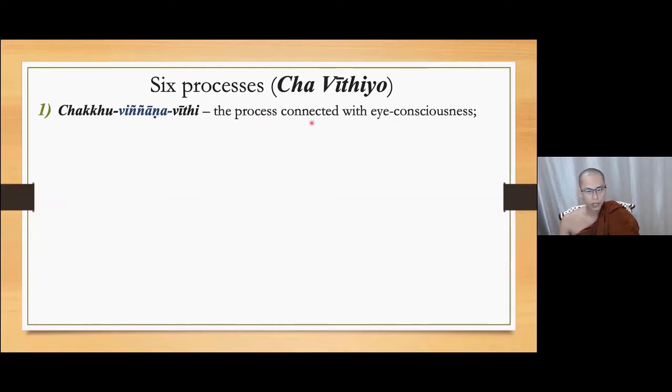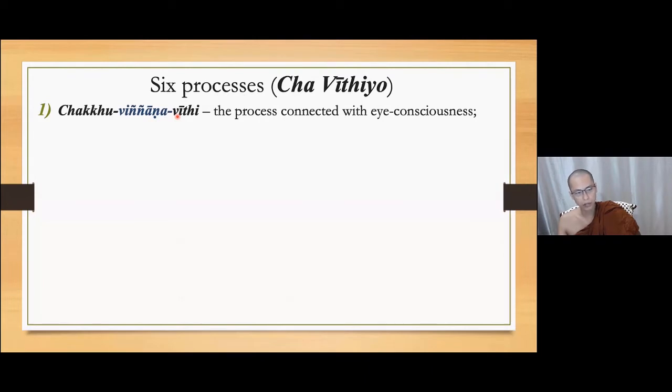So in connection with the types of consciousness, the name changes. We can call Chakku Vijnana Vichi the process connected with the eye consciousness. It is the same as the Chakku Dvara Vichi. The eye consciousness arises through the eye door. That is why we can give one process two names.